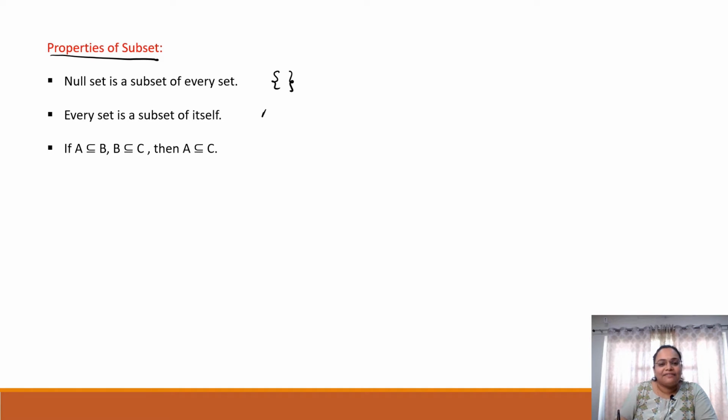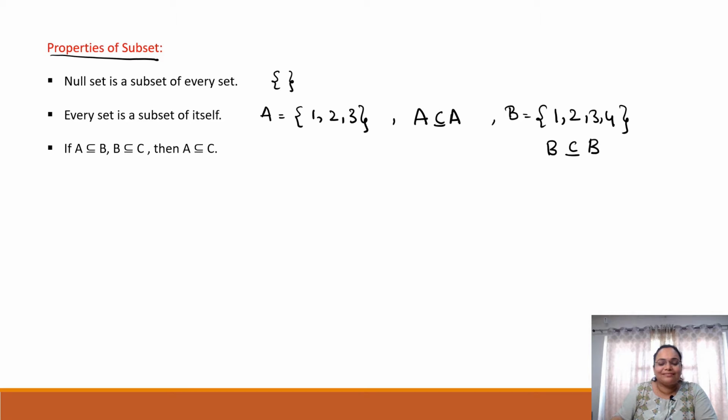So if you have set A, that is 1, 2, 3, we can say that A is a subset of A. In the same way, if you have B is equals to 1, 2, 3, 4, we can say that B is a subset of B. So every set is a subset of itself.